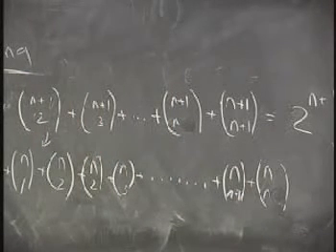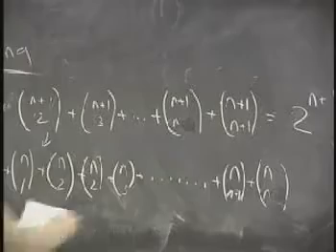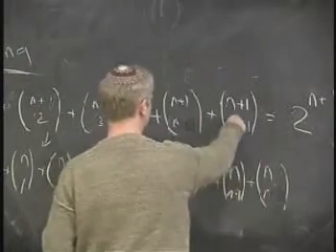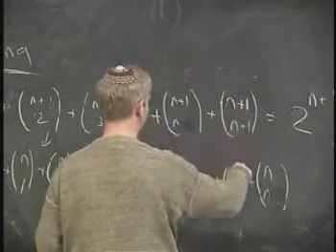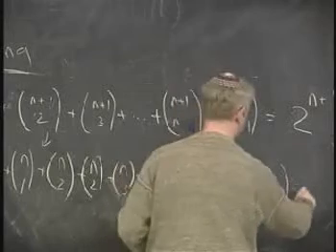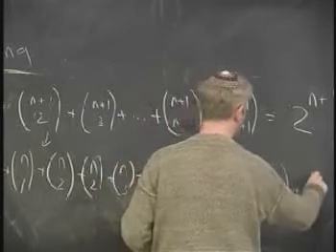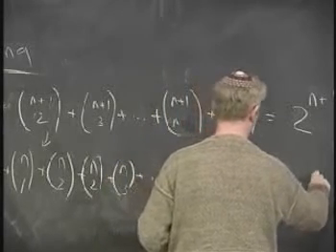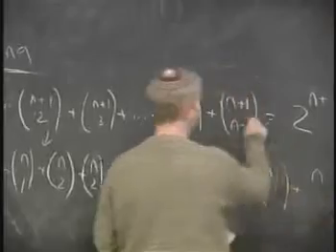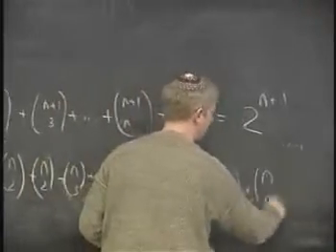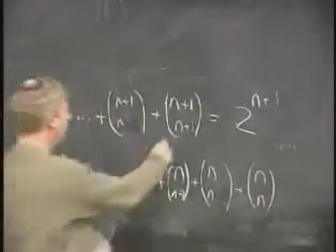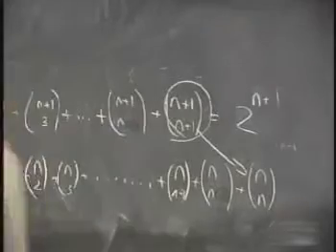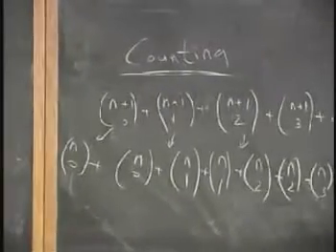The last one is n plus 1 choose n plus 1. I'll just make that n choose n because it's the same. These two are special. Everything else gets doubled. Everything doubles except for the two n's.